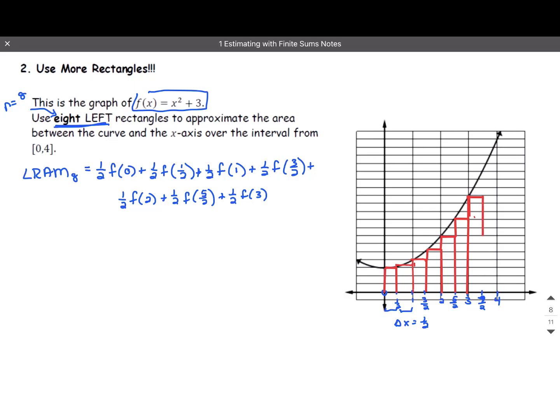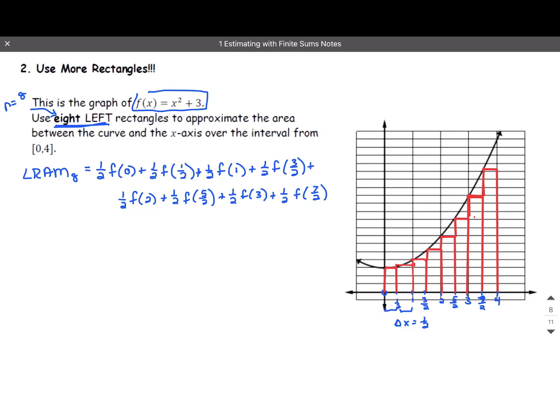We're going to come down. Then from 7 halves to 4, that's also a change of 1 half, and 7 halves is on the left, so we're doing f of 7 halves. Now we have to draw that in, so from 7 halves, straight up to the curve, over to the 4, and down. So you can see that, yes, there's still an underestimate, but it's much less of an underestimate, okay?